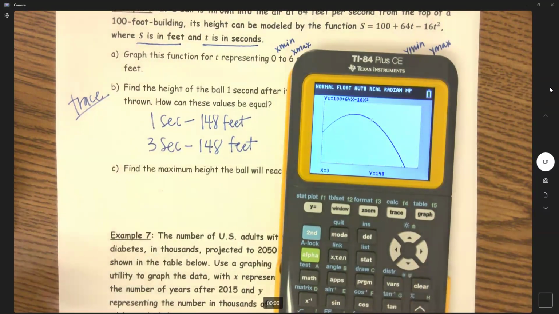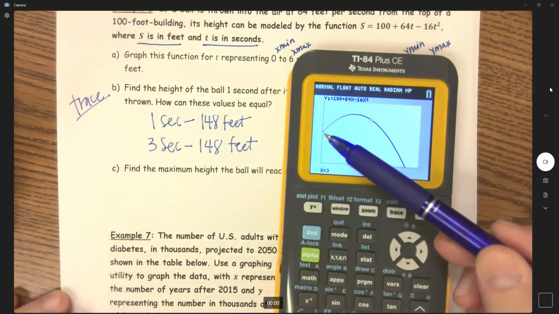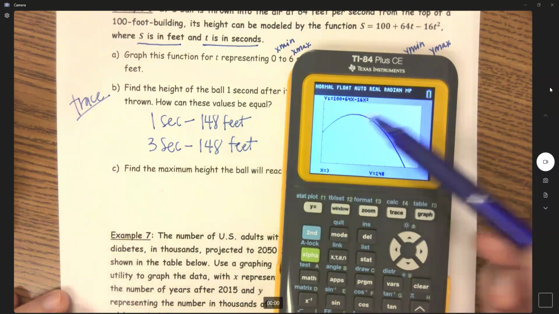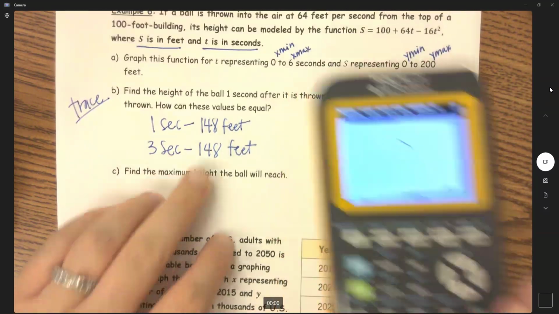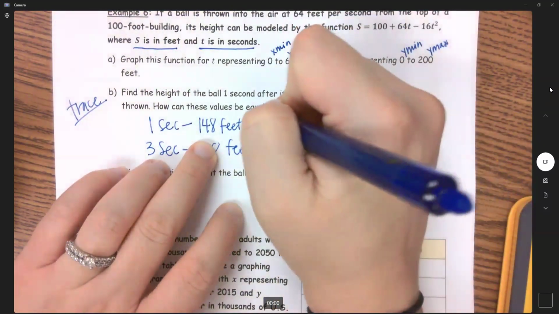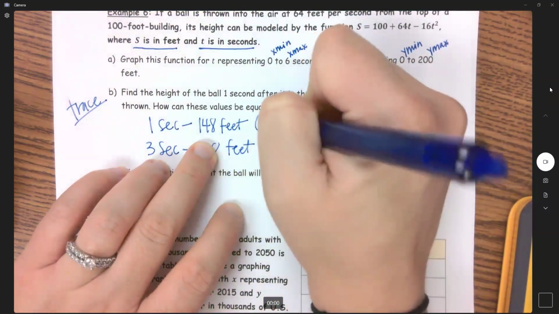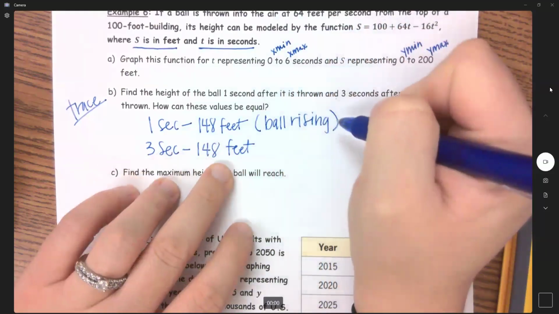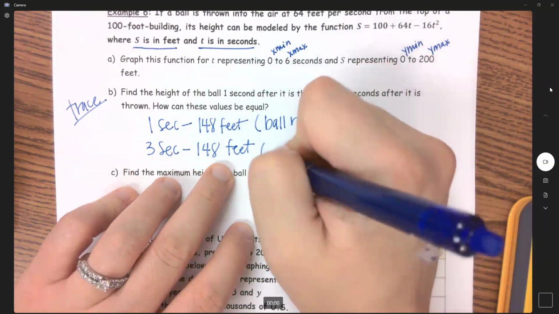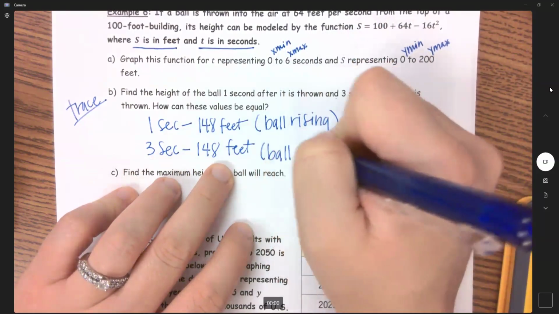In the context of this problem, we said it was rising and then it would hit a certain maximum height and then it would start falling because of that pesky gravity. So this first 148 was when the ball was rising. And then the second 148 is when the ball is falling.